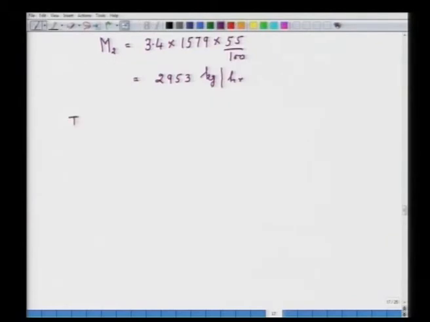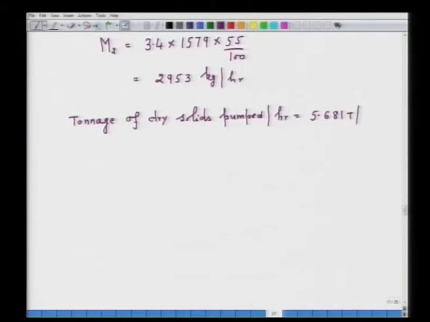So, the tonnage of dry solids pumped per hour will be the sum total of both of them, so it will be 5.681 tons per hour.